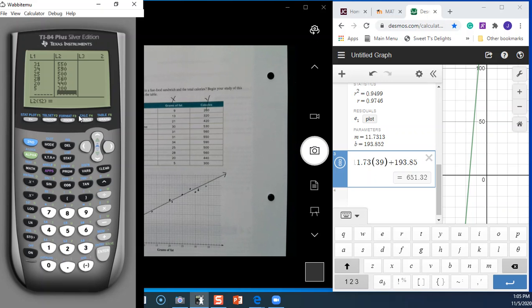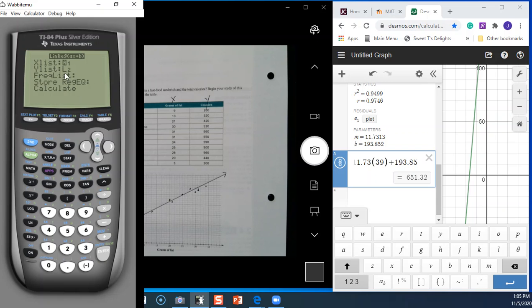Now we're trying to get the same thing. We want to get the slope and the y-intercept, so we will be able to do our equation. You press stat and then go right to calculate, and then go down to number 4, which is the linear regression.